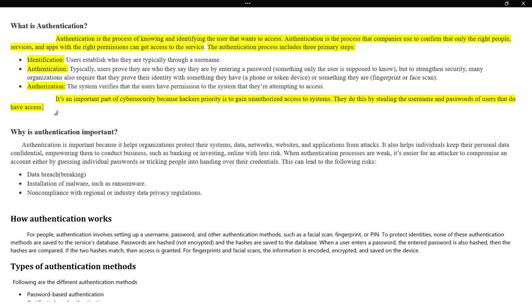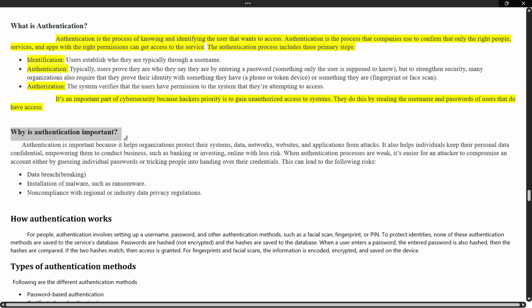This is very, very important, in day-to-day life as well as in the software field. Now let's see why authentication is important. Authentication is important because it helps organizations protect their systems, data, networks, websites and applications from hacks.